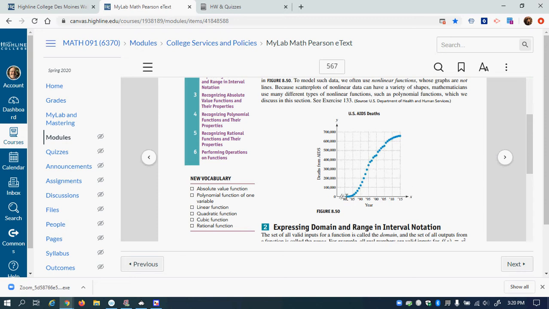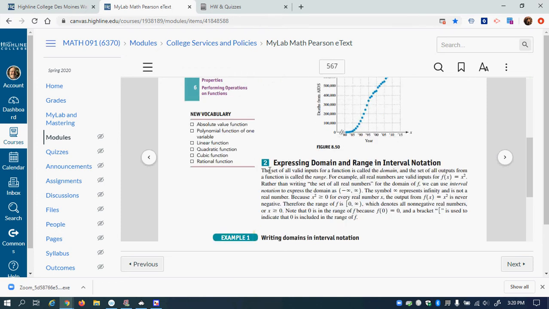So you can see this is not a linear equation at all. It's got this curve to it. This is why we need to start looking at equations or functions that are not linear, because there are a lot of real world situations that encompass this kind of thing.